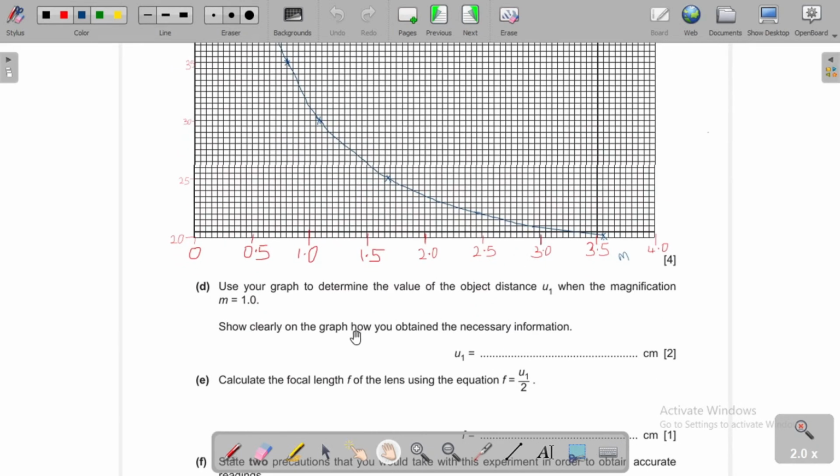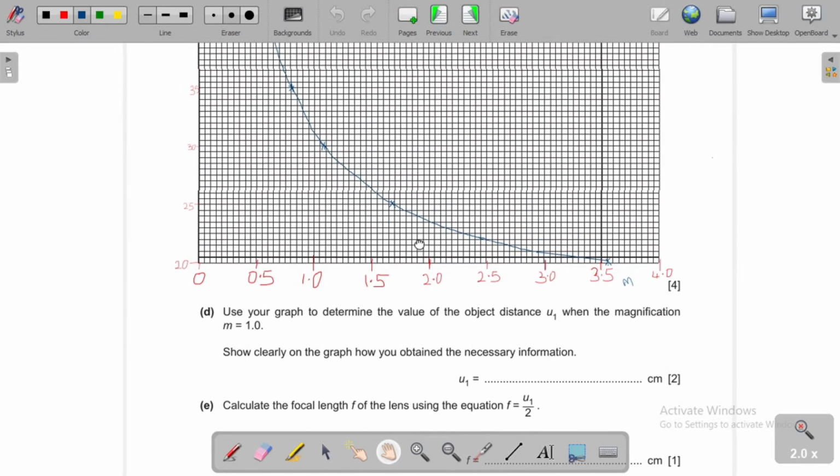So what is the next question? Use your graph to determine the value of the object distance u1 when the magnification m equals 1. So let's look at when magnification equals 1. What will be the value of u when magnification equals 1?